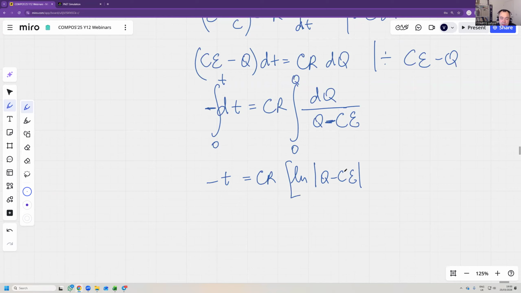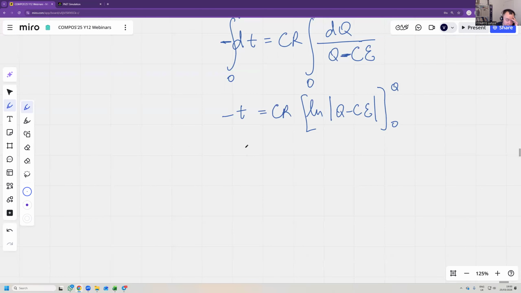And it changes from 0 to Q. And we can now write this is minus t over CR equals logarithm modulus Q minus C EMF minus logarithm Q is 0, logarithm C EMF minus C EMF.